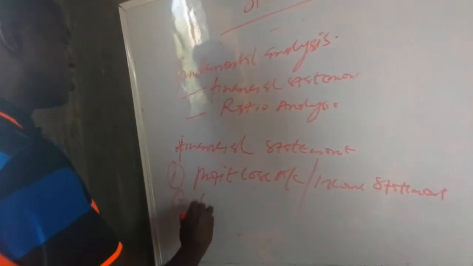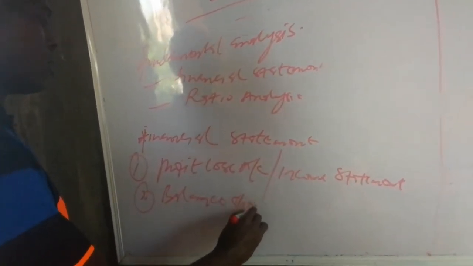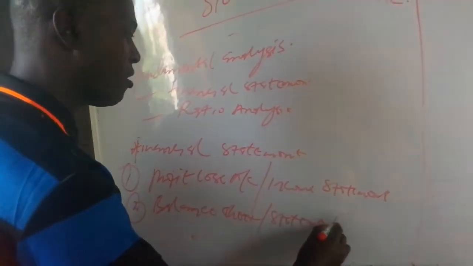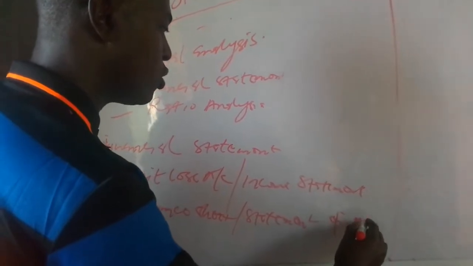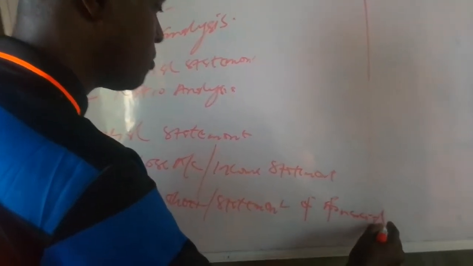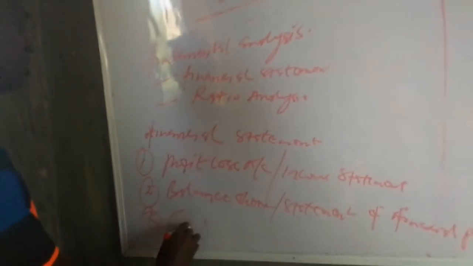Number two is the balance sheet or statement of financial position. Then number three is the cash flow statement.